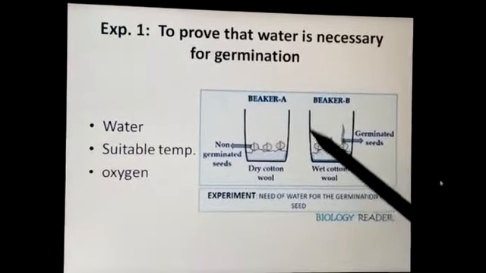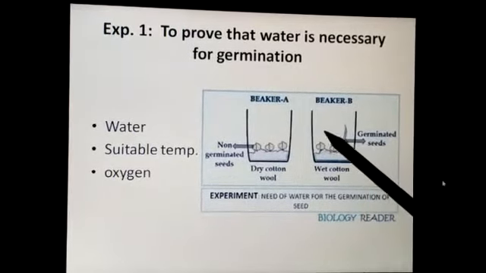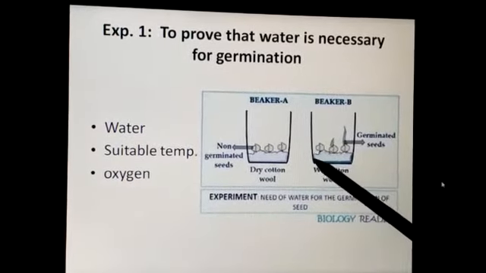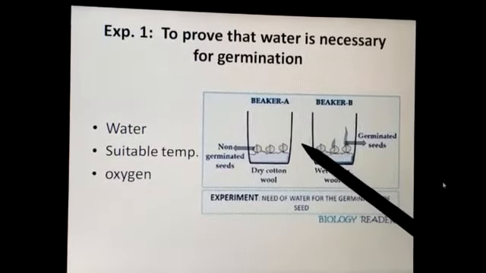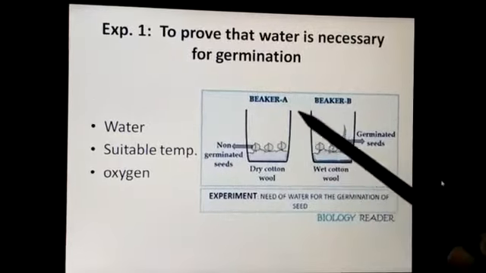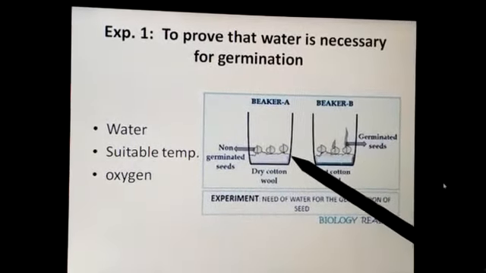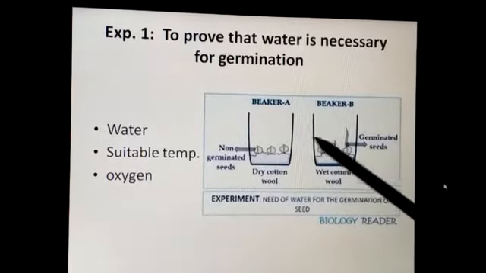Here the figure shows 2 beakers. Beaker A has got dry cotton wool at its bottom with some soaked seeds over it. The beaker's mouth is open, it means air is entering into the beaker and becomes available for the seeds.